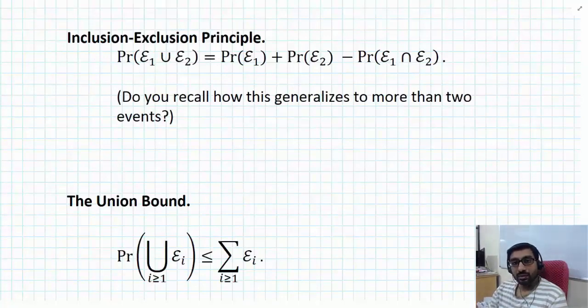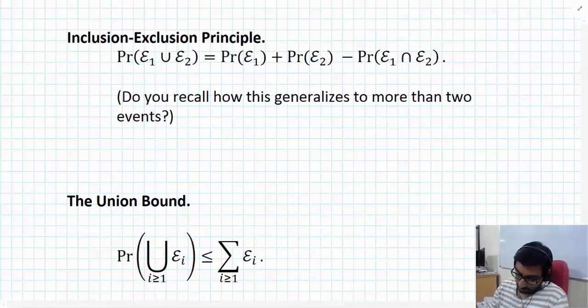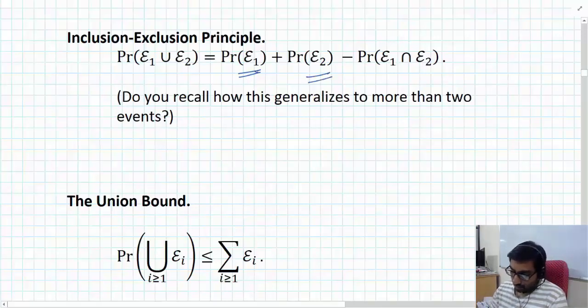So before we end this segment, let us look at a couple of fundamental principles that are very useful in probability theory. The first one is the inclusion-exclusion principle. This actually comes from the inclusion-exclusion principle in set theory. Let's say we have two events, E1 and E2. The probability of their union is equal to the probability of the first event E1 by itself plus the probability of E2 by itself.